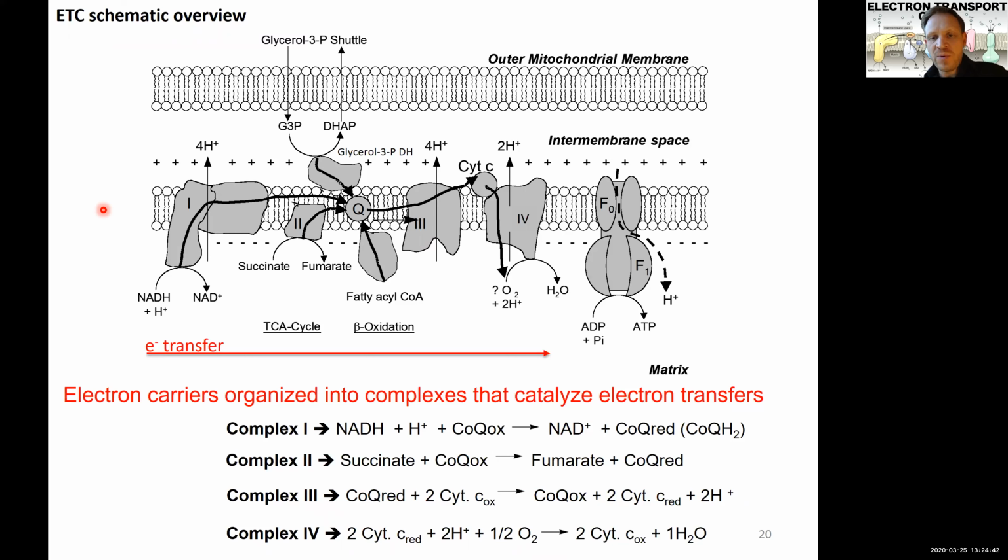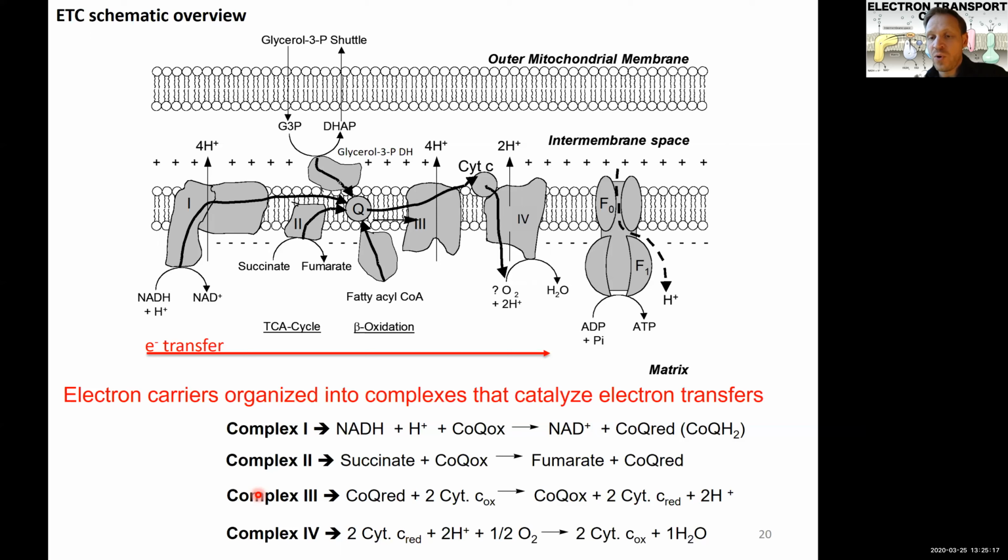Each of these complexes is catalyzing oxidation reactions, and you can see them down here. Complex 1 is taking NADH, and that's the only thing that it's taking. It's not taking FADH2, and it will give them over to CoQ. It oxidizes NADH, reduces CoQ, that then can give the electrons over. Complex 2 will take succinate, hand the electrons over to CoQ, will generate fumarate as the oxidation product of succinate, and will reduce CoQ, and so forth.